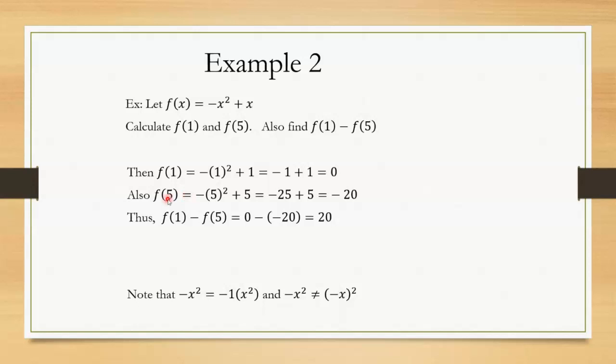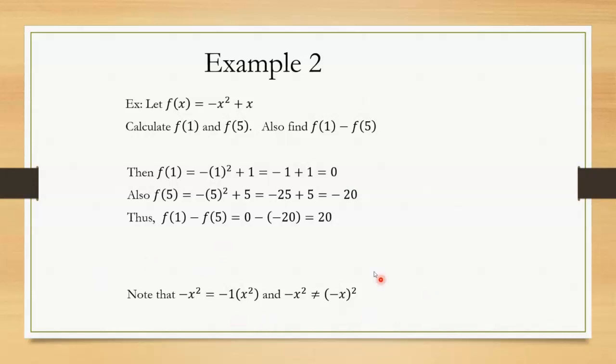Namely, we get negative 5 squared plus 5. Now, 5 squared, of course, is 25. So we get negative 25 plus 5. And of course, that's negative 20. But when we subtract, we're going to have this difference, 0 minus negative 20, but that's just 20.